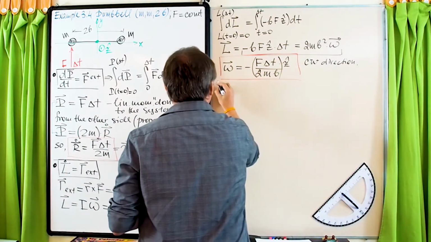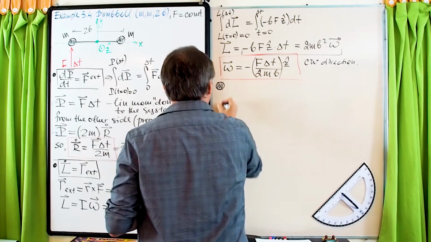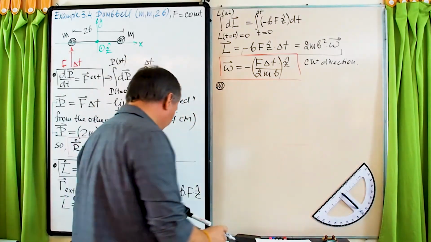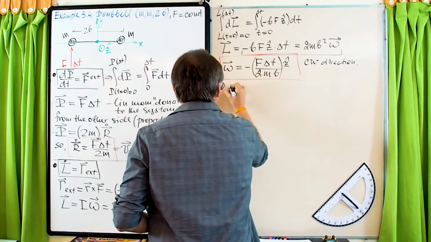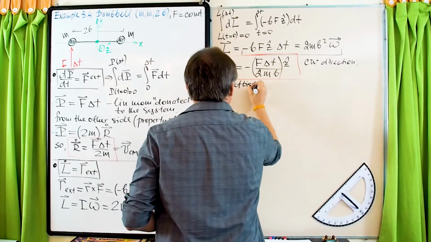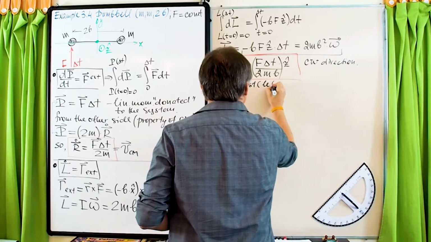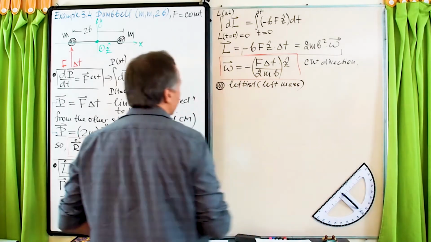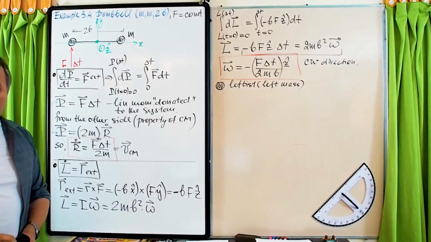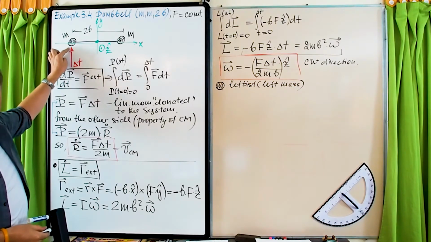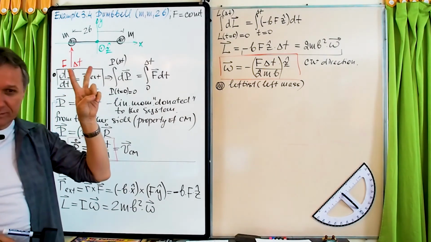So I will put a new bullet over here, right? So let's look at the life of ordinary people. So left mass. Okay, let me write leftist, left mass. Of course, the velocity of this mass will have two components.